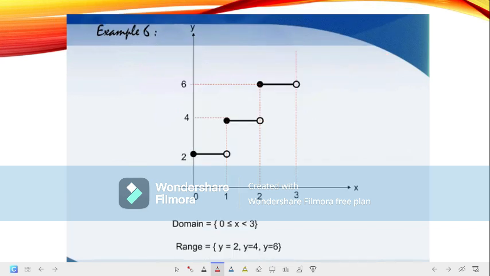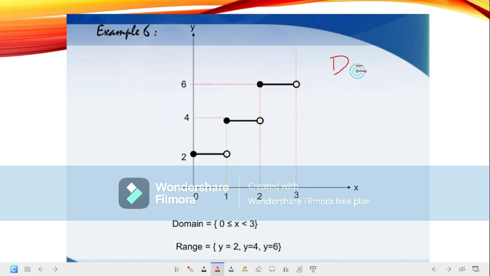How about this graph? This is from a piecewise function graph. How are we going to write the interval notation for the set of domain? So let's start with the domain.